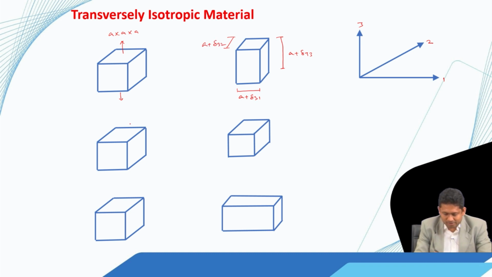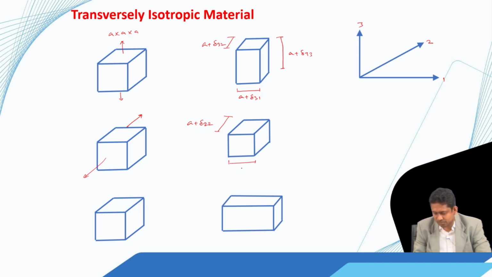Similarly, if I load it along direction 2, then we have this as A plus delta 2, that is the direction where it is extending. In other directions we will see some contraction, we have A plus delta 2 and here A plus delta 2.